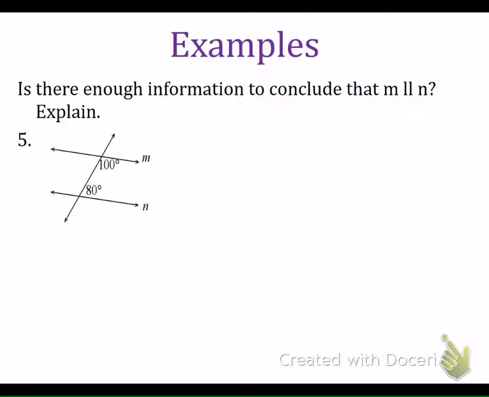So yes, they're both parallel to line L. Same directions as we've been working with. Is there enough information to conclude that M is parallel to N? Yeah, no. Okay, pick one. No. Yes. Pick a different one. Yes. Yes, why? Because same side interior angles are supplementary.